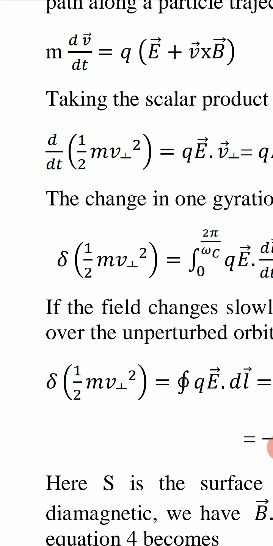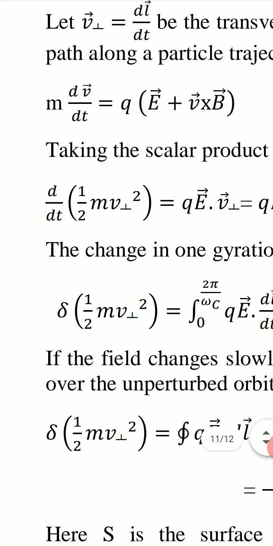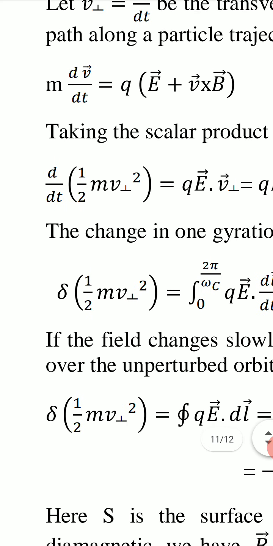So this is the left hand side of this equation. We ignore here the parallel component of velocity, v parallel.